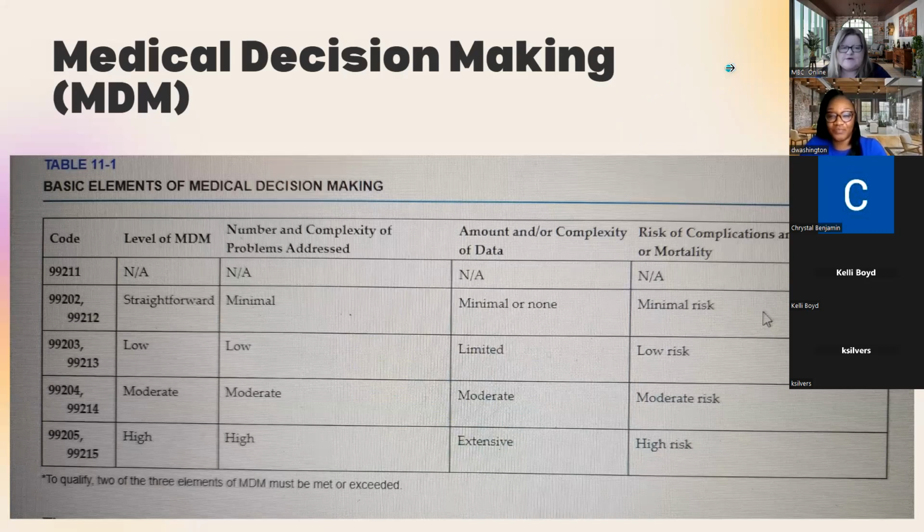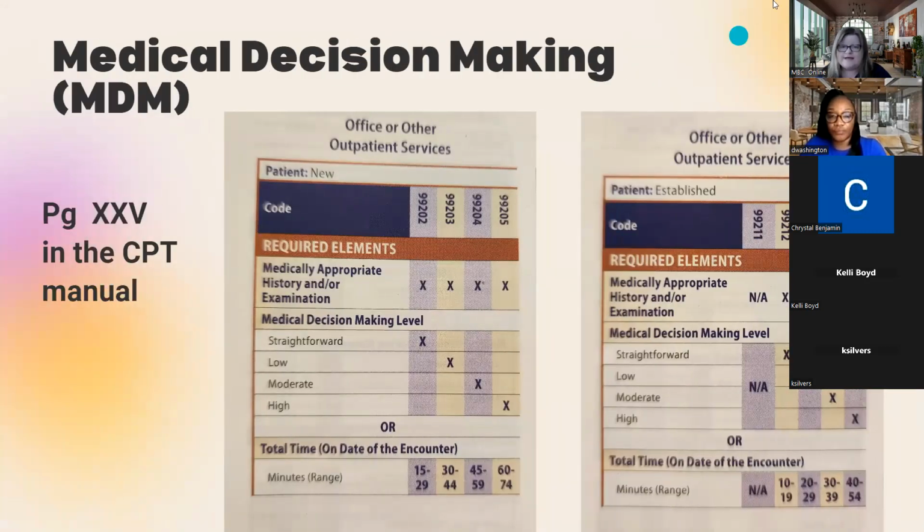But like Ms. Danielle was saying, and you'll see this on the next slide as well, something I always like to point out to you guys is on page XXV in your CPT manual, at the beginning, before the page numbers even start, you have this awesome little table. I took a picture and blew up two of the little sections for y'all.